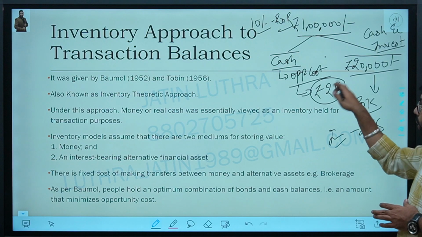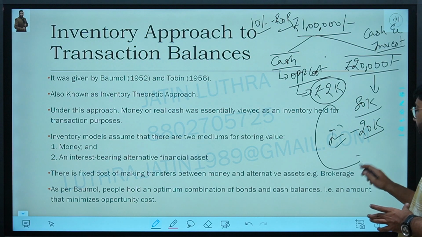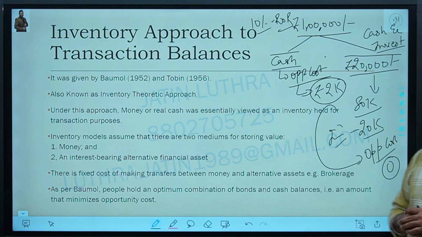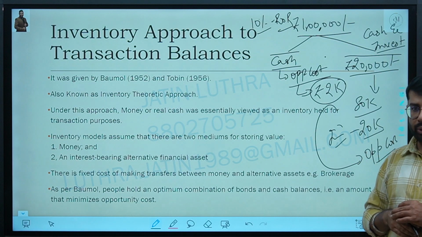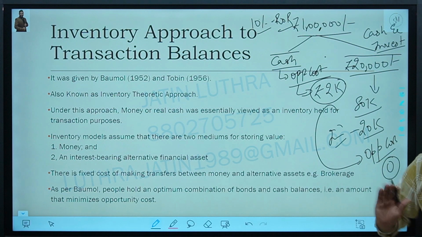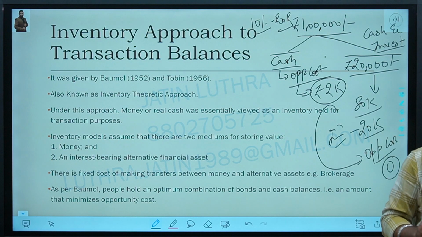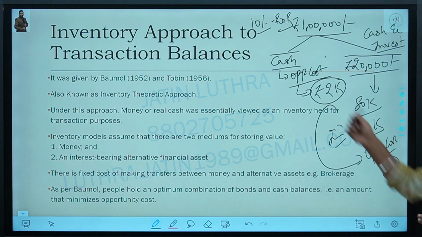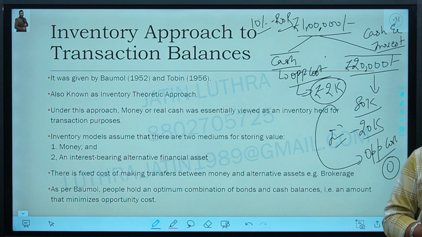The opportunity cost you are bearing when keeping the money idle will be 0. Yes or no? That is what Baumol was trying to say: don't keep idle money with you. Keep money in a combination of cash and investment, so that your opportunity cost is minimized or could be 0.